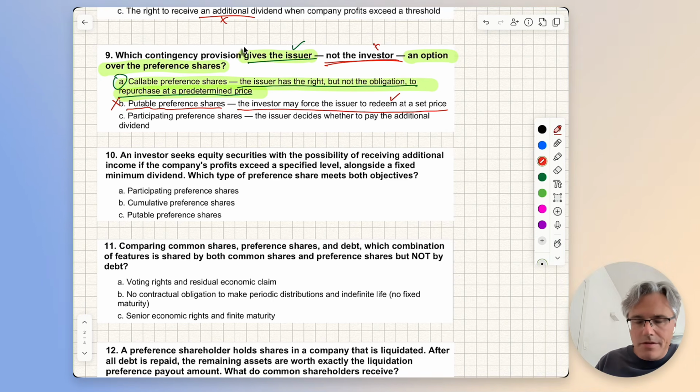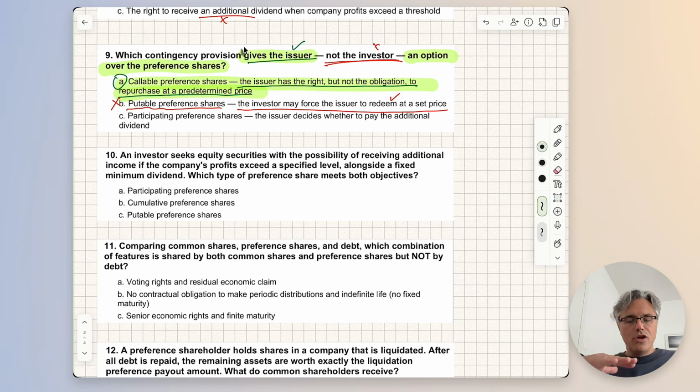Participating preference shares. The issuer decides whether to pay the additional dividend. Well, participating preference shares do give, this time, the investor an option. Well, it's not an option, it's really the right to receive an additional dividend if the performance of the company's underlying business, the issuer, exceeds a certain target.